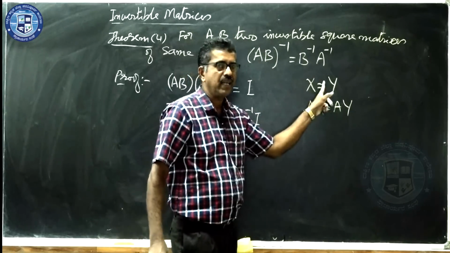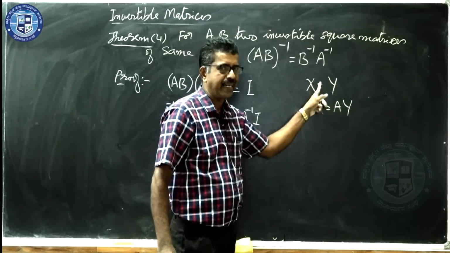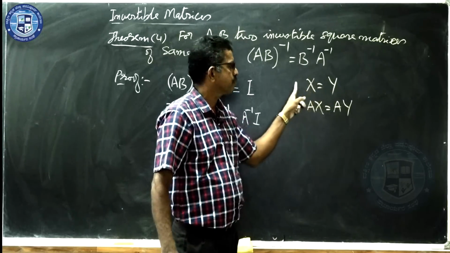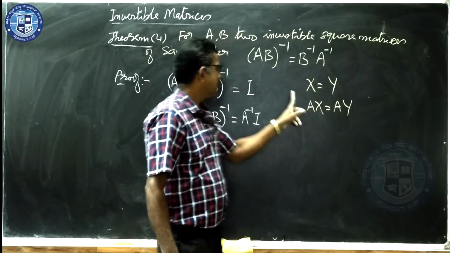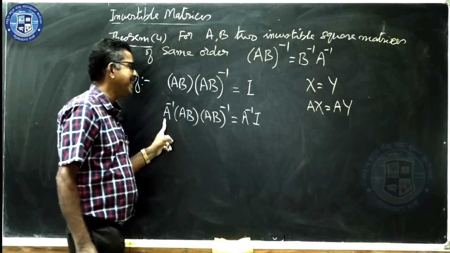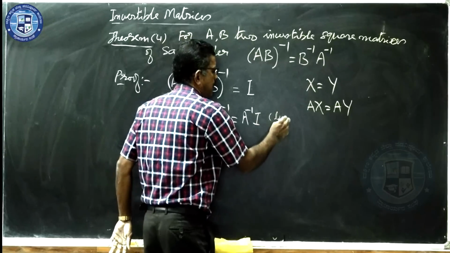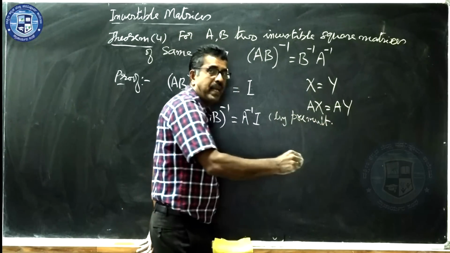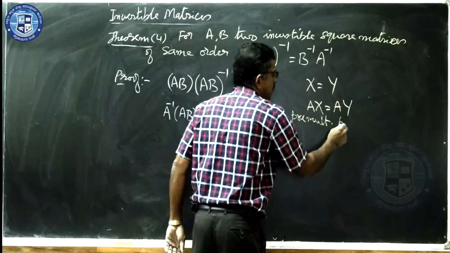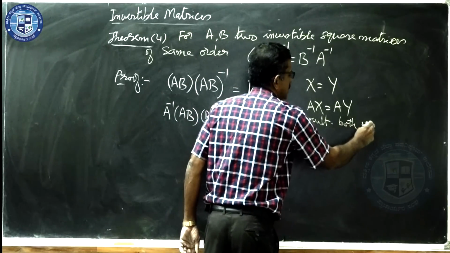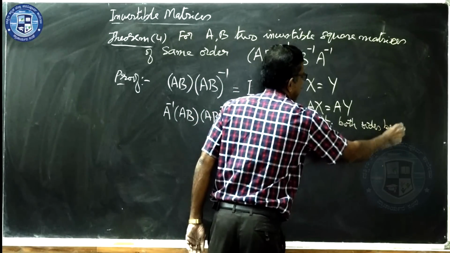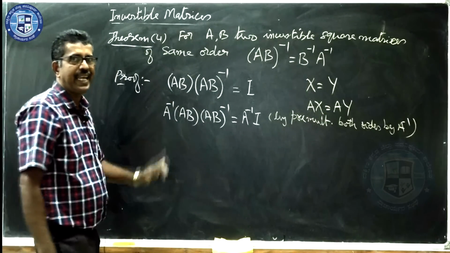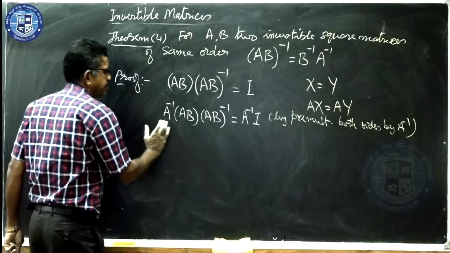I can pre-multiply the same equation by any matrix, say A. Similarly here I have multiplied by A inverse. So this is by pre-multiplying both sides by A inverse.